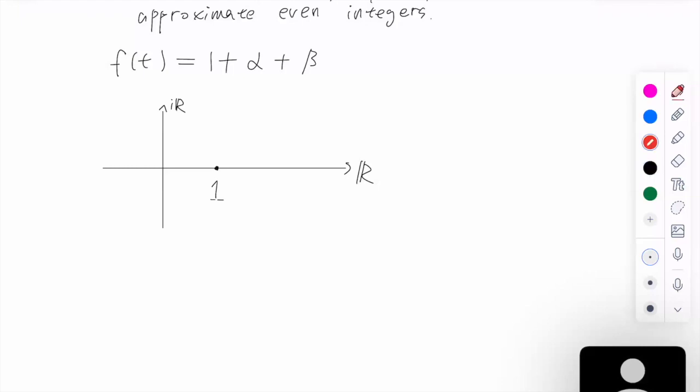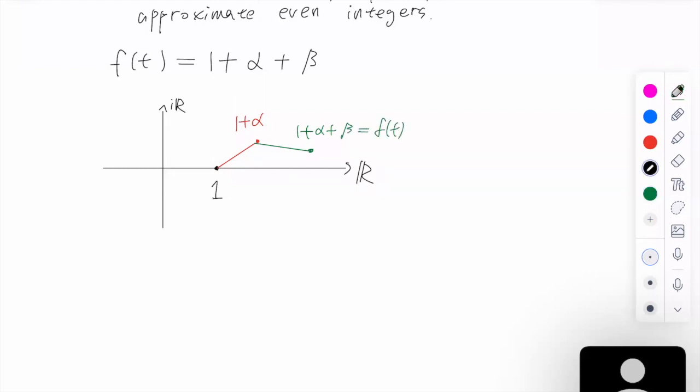If we consider complex numbers as vectors, then addition of complex numbers can be thought of as vector addition. This means that we can add an alpha unit of vector here to obtain 1 plus alpha, and we can add another bit of the vector, say in this direction, to get 1 plus alpha plus beta, which is equal to f of t.